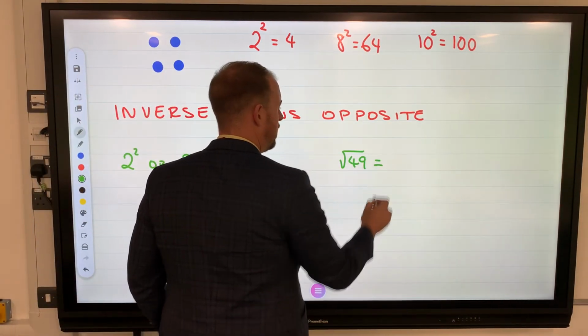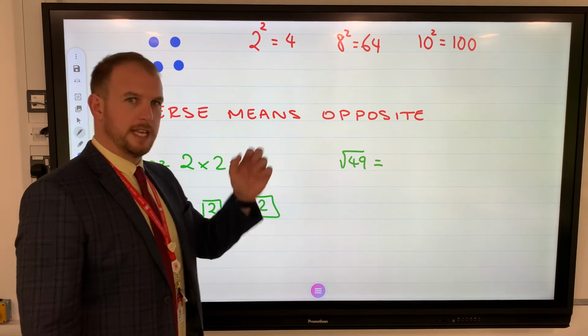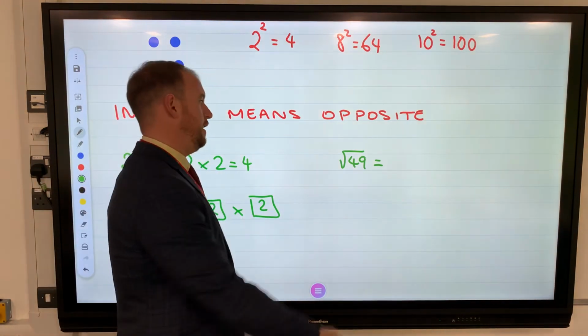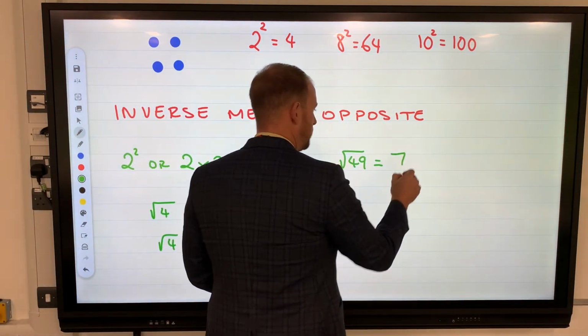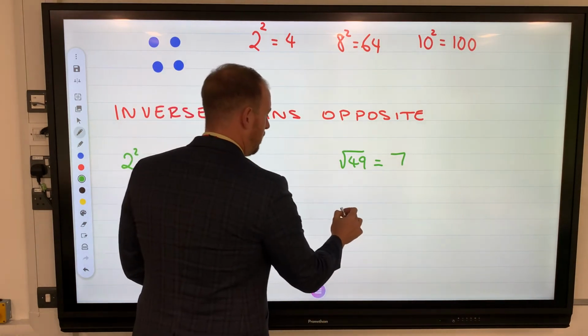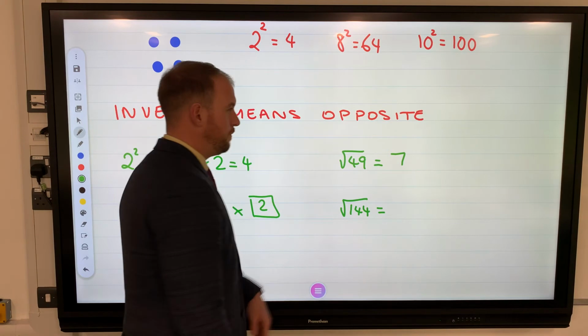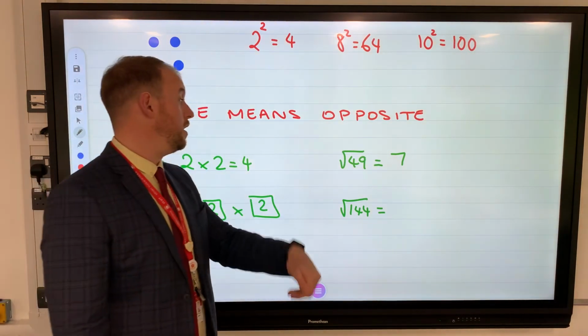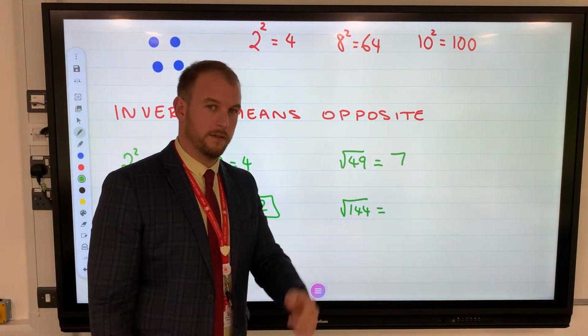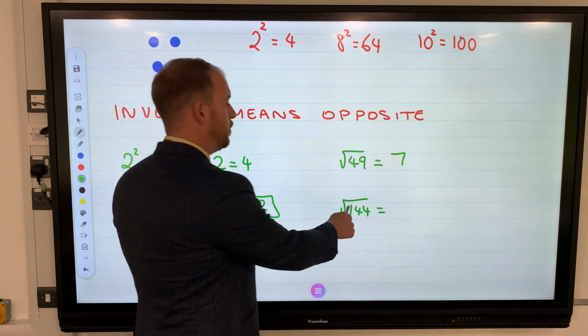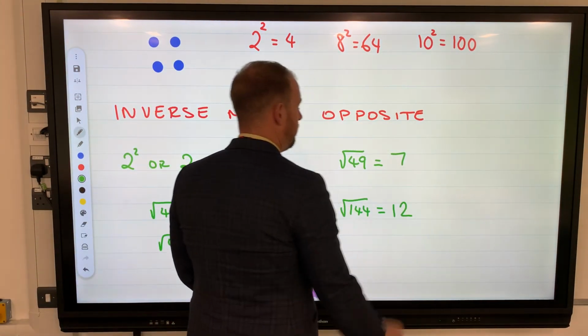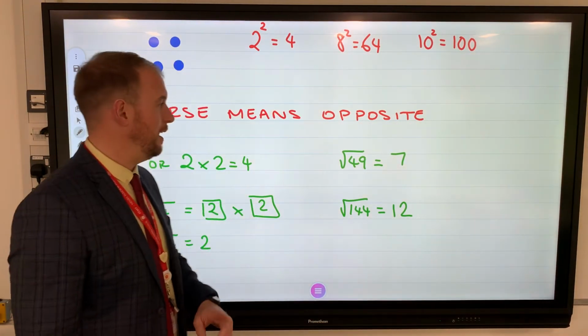We said earlier, wakey, wakey, rise and shine, 7 7s are 49. Therefore, the square root of 49 must be 7. How about the square root of 144? When we're good at our times tables, we know that 12 times 12 is 144. Therefore, the square root of 144 would be 12.